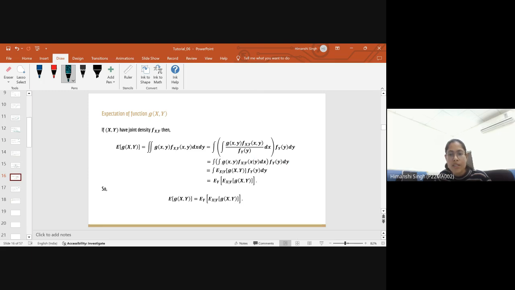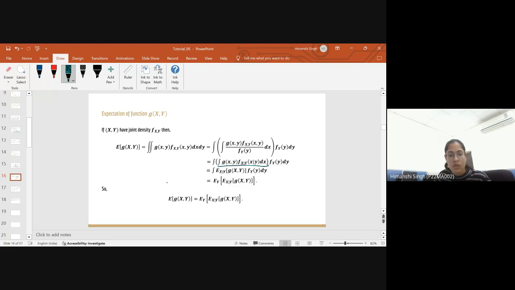Now if I consider this term only, it will be nothing but the expectation of gxy with respect to the conditional random variable x given y. Now again, I am considering the integration of this over fy dy. This will be the expected value, with respect to y, of this whole quantity.